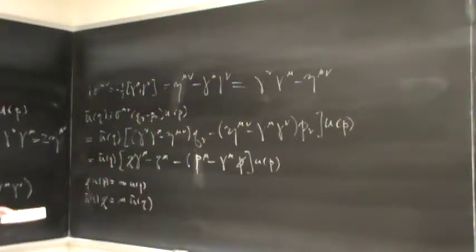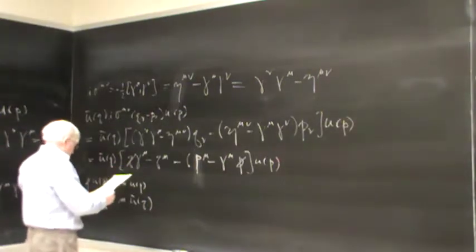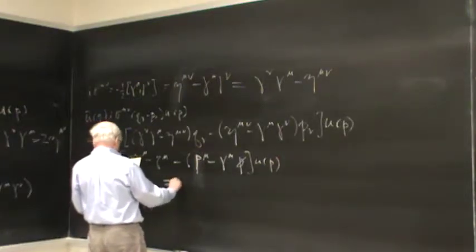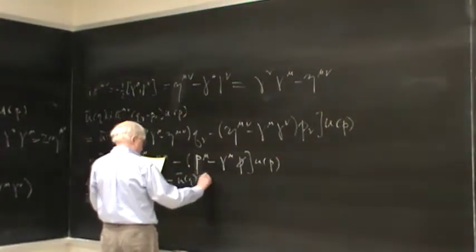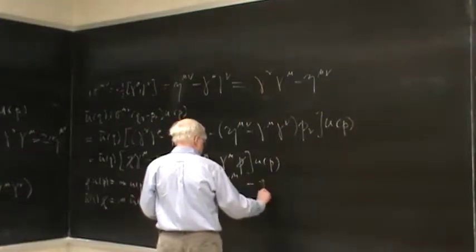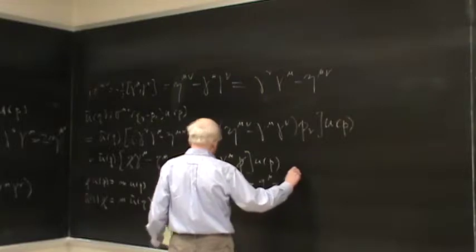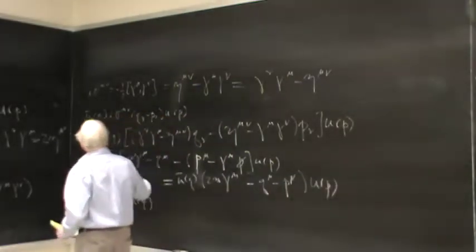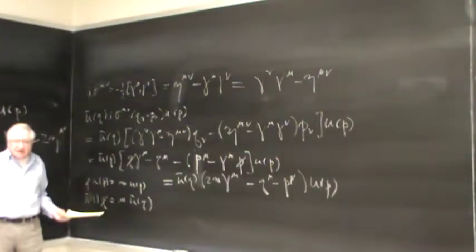So we can simplify these things, and what we get is that this is equal to ū(q)[2m γ^μ − (q^μ + p^μ)]u(p). This equality is the Gordon identity.